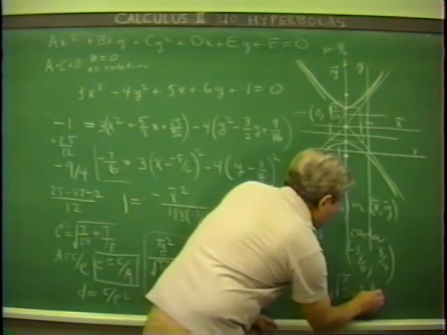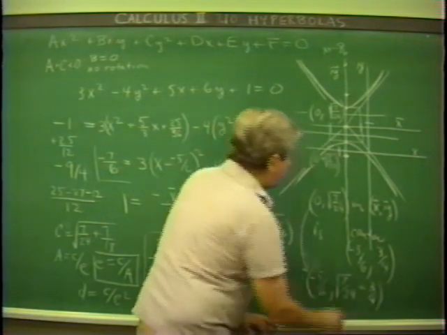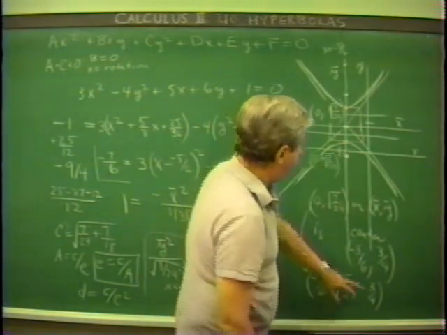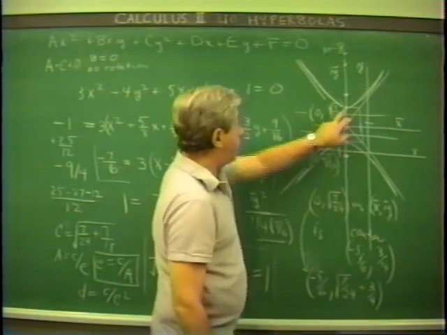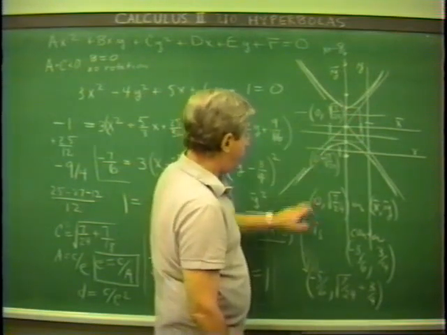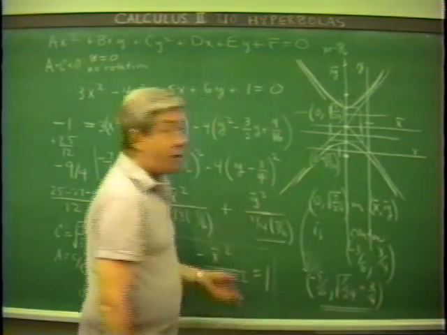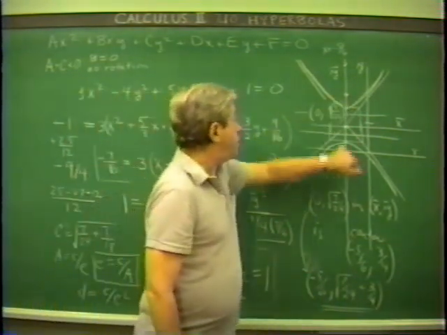So we have to add 3/4 to that to get what it is in the XY coordinate system. So it's going to be bigger in the XY coordinate system by 3/4 than it is in the x bar coordinate system, this point right here.